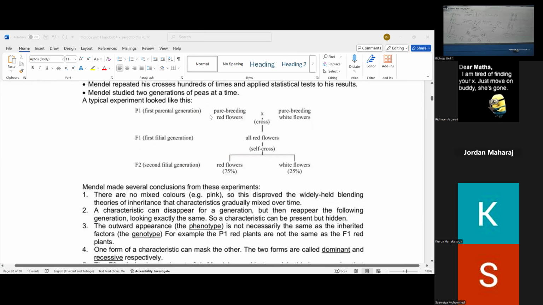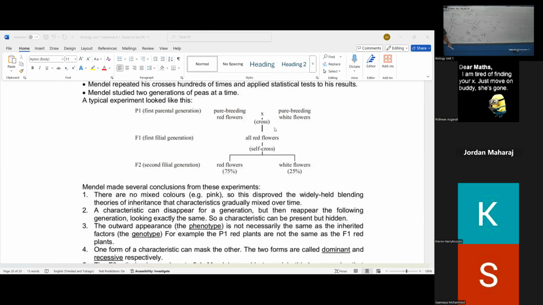So what happened? In the first generation, he crossed the two and got all red flowers. This should indicate something. What would this indicate? He didn't know what the alleles were, he didn't even know what an allele is.